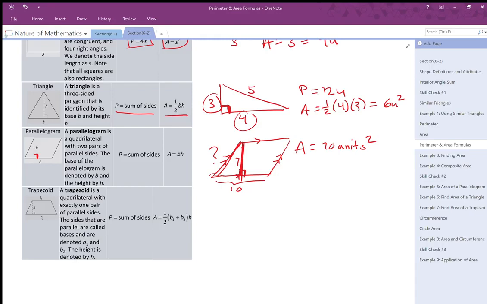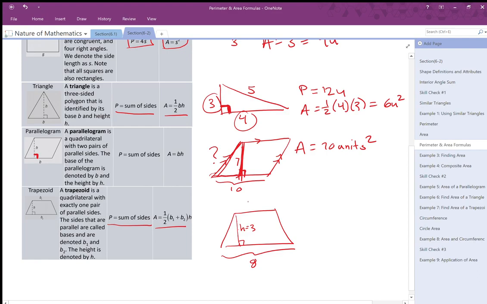And finally, we have our formula for trapezoid. Again, the perimeter is just adding up all of the sides, but the area is 1/2 the sum of the bases times the height. So if our height were 3 and we had a bottom base of 8 and a top base of 5, area would equal 1/2 times 5 plus 8 times 3.